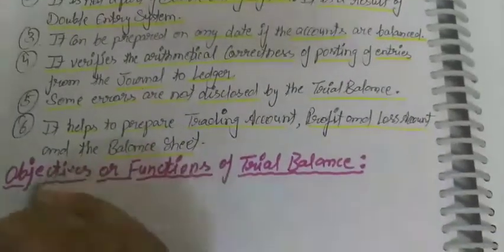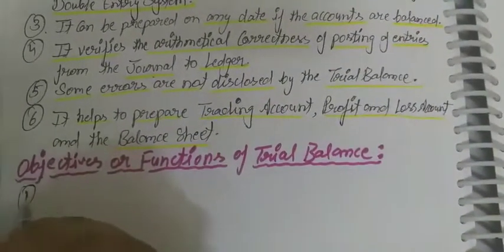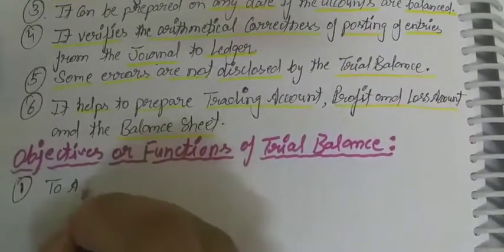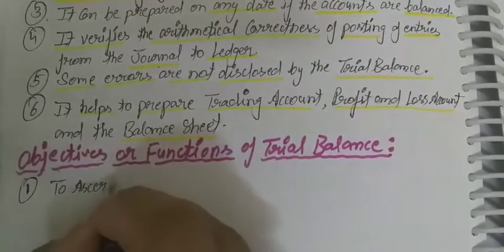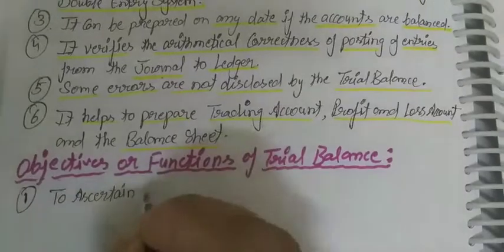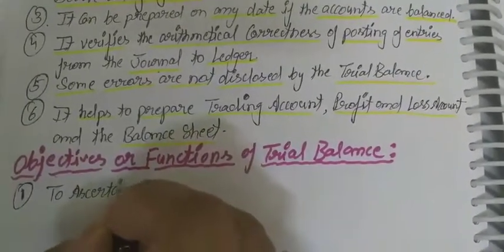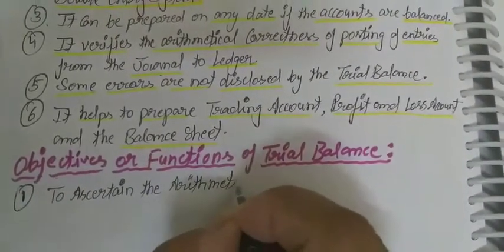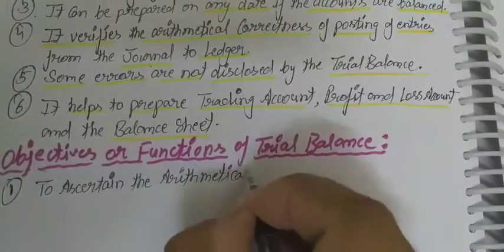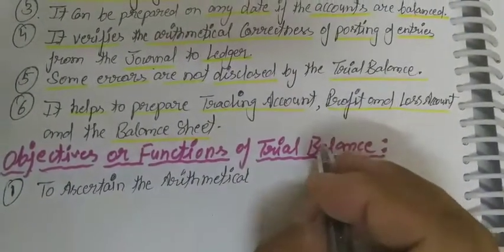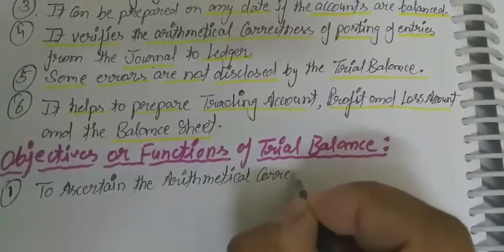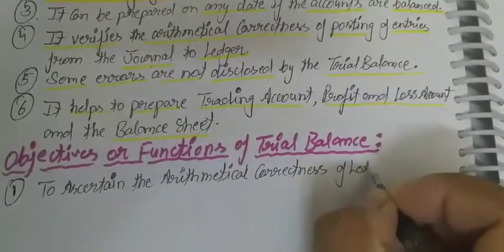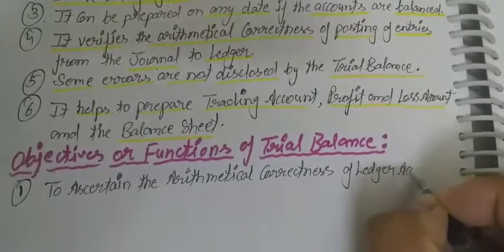So now students, one by one. The first objective of trial balance is to ascertain the arithmetical correctness of ledger accounts.